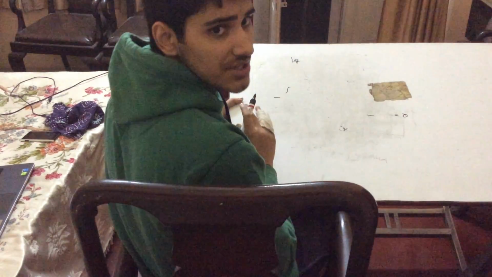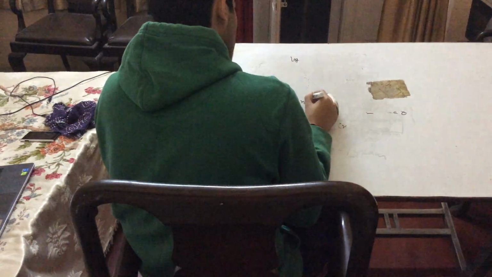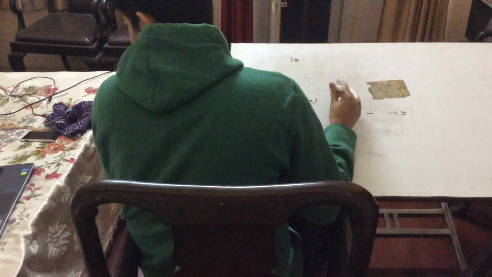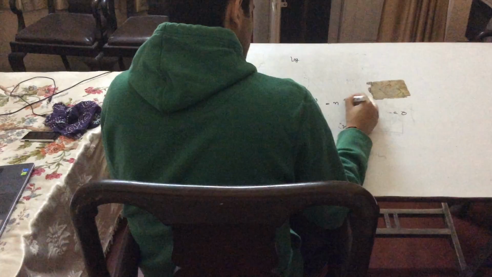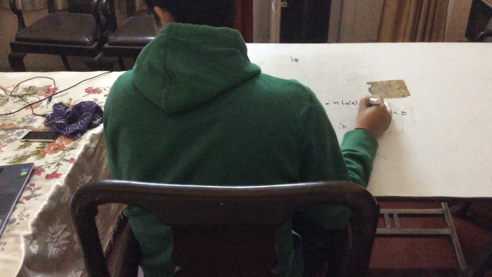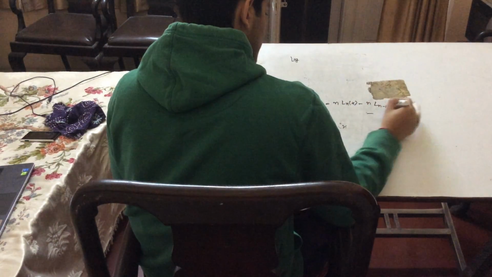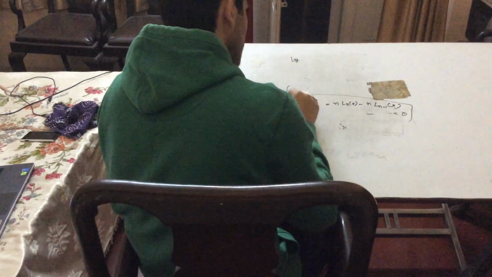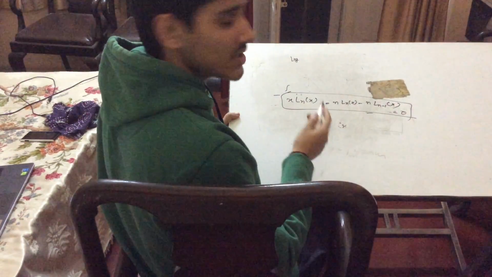This recursion relation is given as x times L_n dot of x equals n times L_n of x minus n times L_(n minus 1) of x. So this is the recursive relation the Laguerre polynomial satisfies.